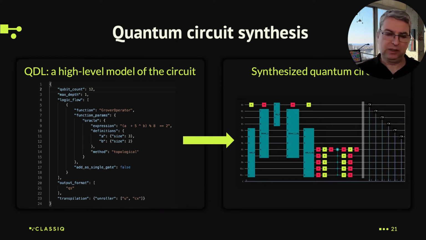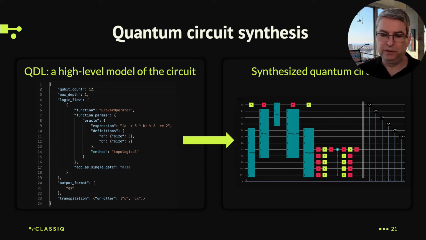So on the left side, on this slide, you're seeing a definition, what we call a high-level model, of the circuit. This particular one shows a Grover operator. You see the expression in line 9. This is the symbolic definition of the expression we're trying to solve: A plus 5 XOR B modulo 8 equals 2. Lines 11 and 12 show the size of the quantum registers. And that's all you need to do.